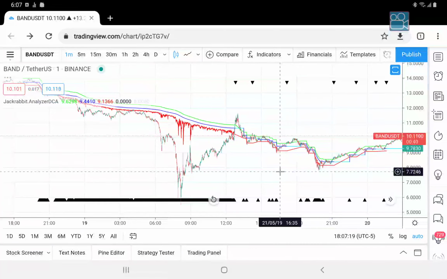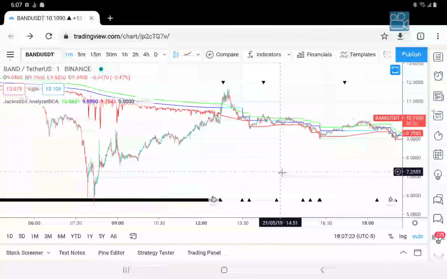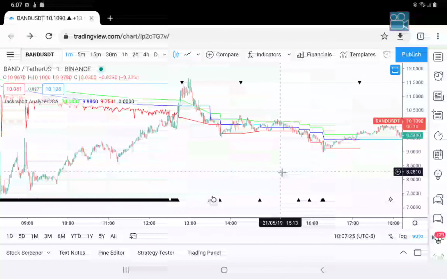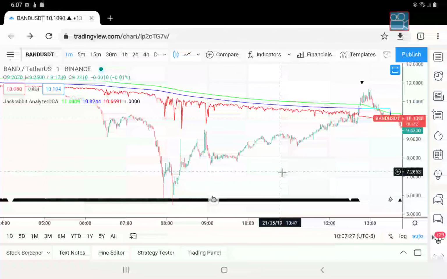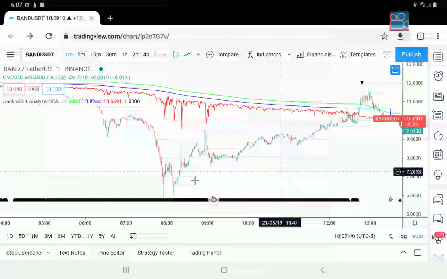I want to focus on this area right here. The aggressive system purchases even when the market is climbing, as long as it's a certain point away from the average. So as you can see, the aggressive state works both ways.